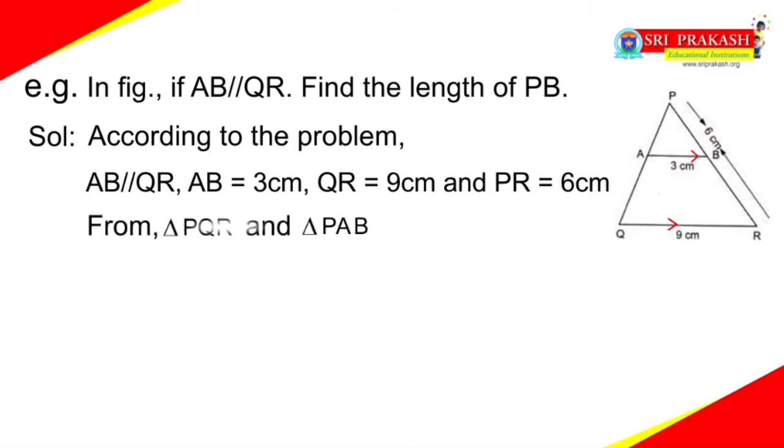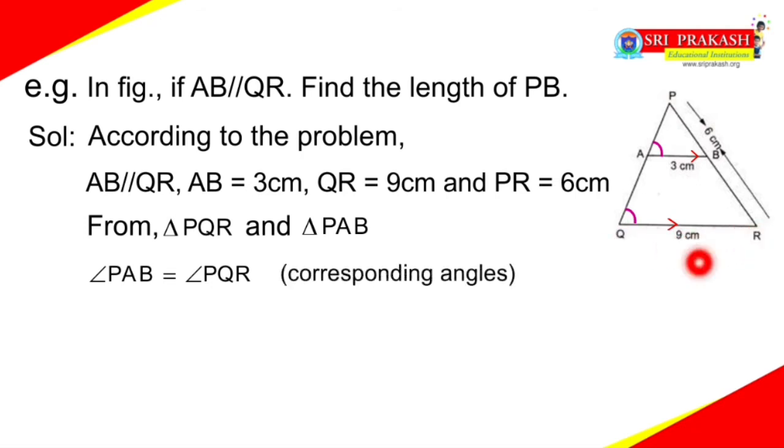From triangle PQR and triangle PAB, we have angle PAB is equal to angle PQR, since these are a pair of corresponding angles for the parallel lines AB and QR.